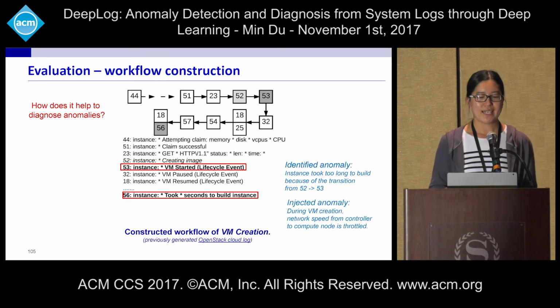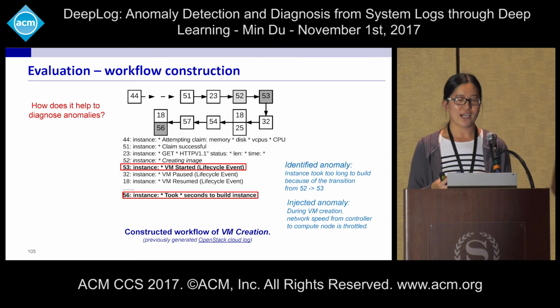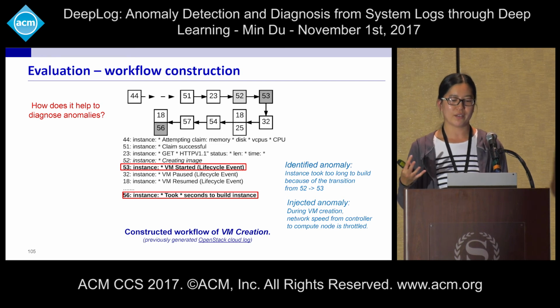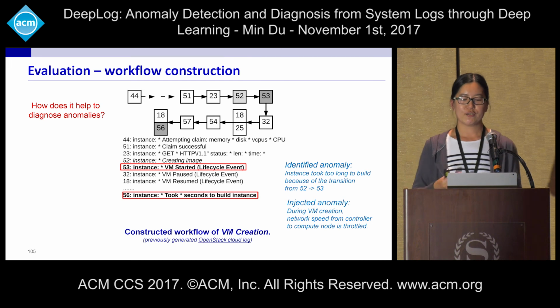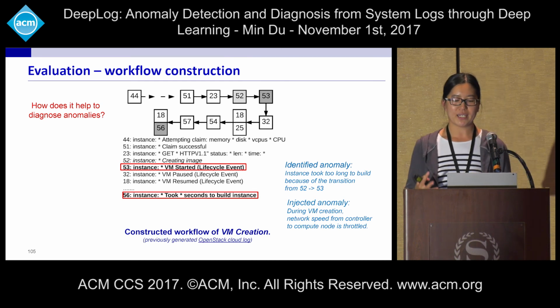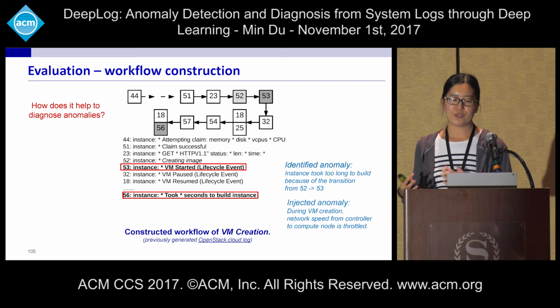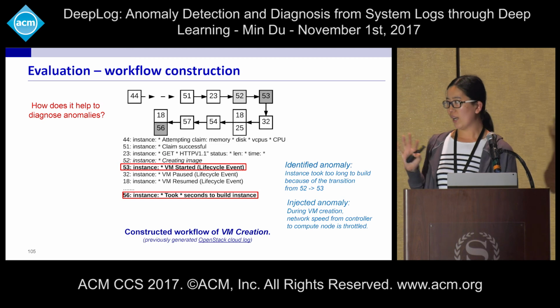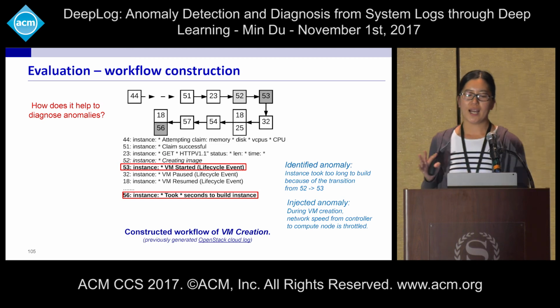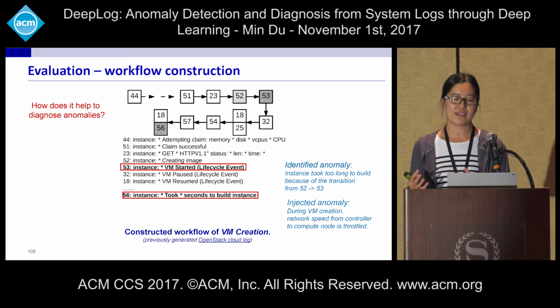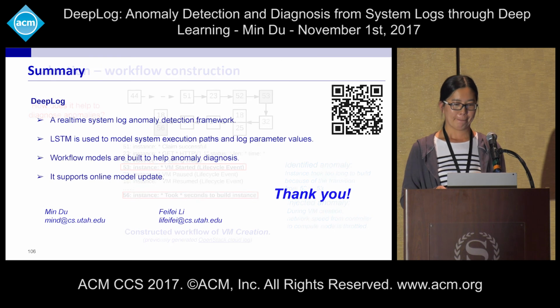In OpenStack VM creation task, the controller needs to copy an image from the controller to the corresponding compute node to create the image. Because the network speed is throttled, this VM creation becomes too slow. So here we show that our constructed workflow could help the user to pinpoint where this anomaly happens.